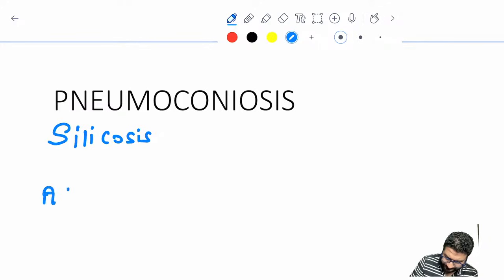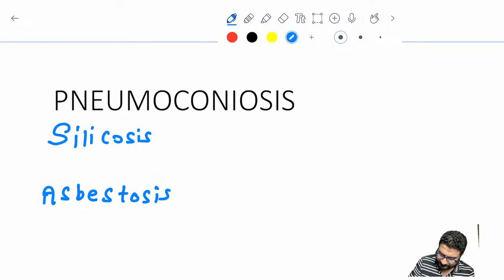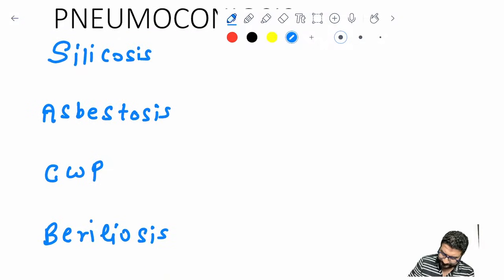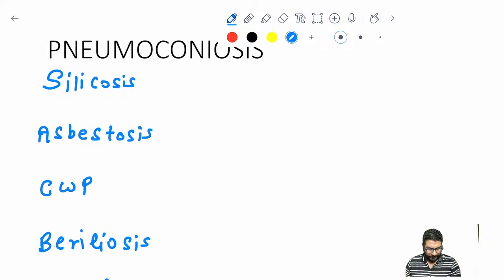Silicosis, asbestosis, coal worker pneumoconiosis, berylliosis, byssinosis, bagassosis. So these are the various types of pneumoconiosis.